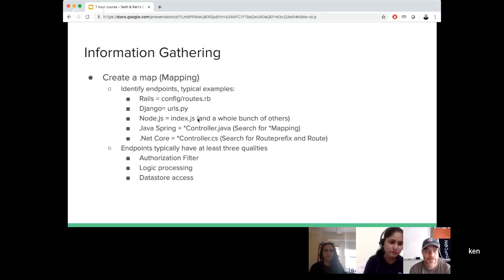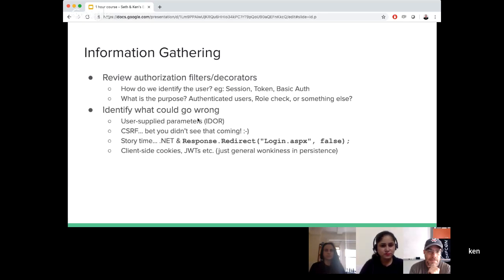This is a source to sink map that we're talking about: where does user content, or user supplied information, hit the application, and how is it processed throughout the application so that you can review the important bits along the way? We've cut it down to just Rails and Node.js for mapping for this.